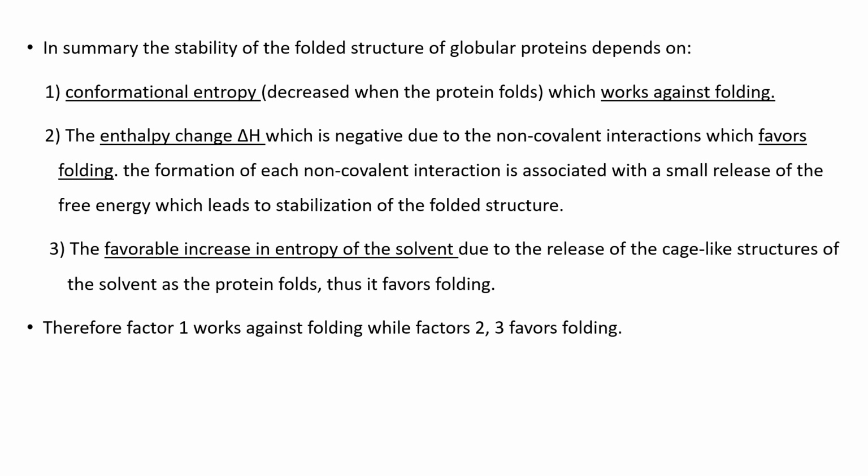The second one is the enthalpy change, which is negative due to the many non-covalent interactions which favors folding. The third factor is a favorable increase in entropy of the solvent due to the release of the cage-like structures of the solvent as the protein folds. Thus, factor 1 works against folding and factors 2 and 3 favor folding.